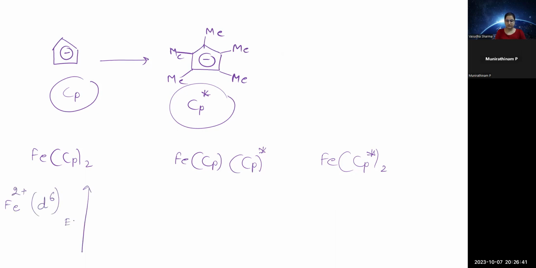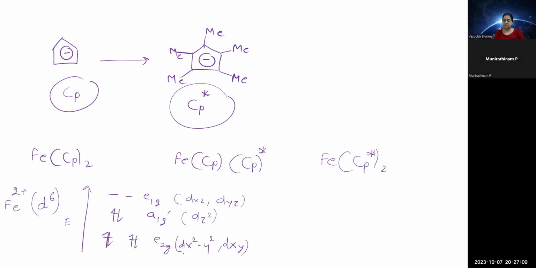The energy levels would be: this is E1g, this is A1g', this is E2g, which is formed from x square minus y square and xy. This one is dz square, and this one is dxz, dyz. This kind of splitting happens in these kinds of systems, and since we have 6 electrons, it is filled this way.